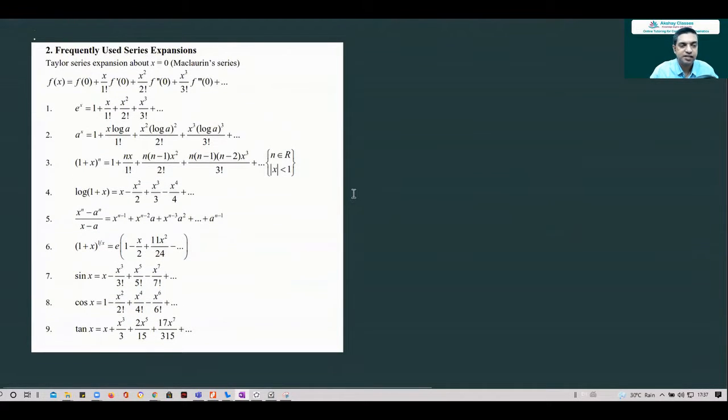So Maclaurin series is defined by this expression.